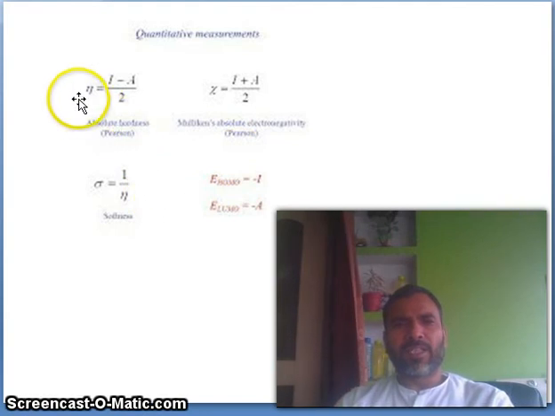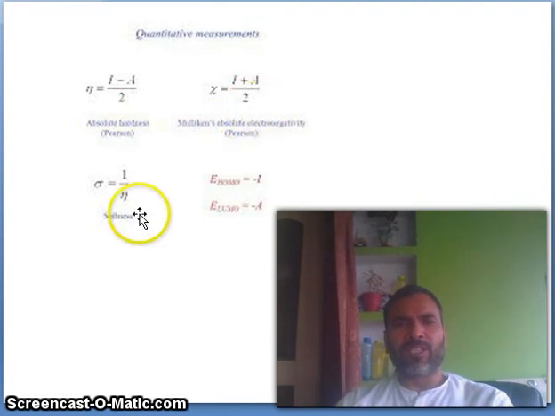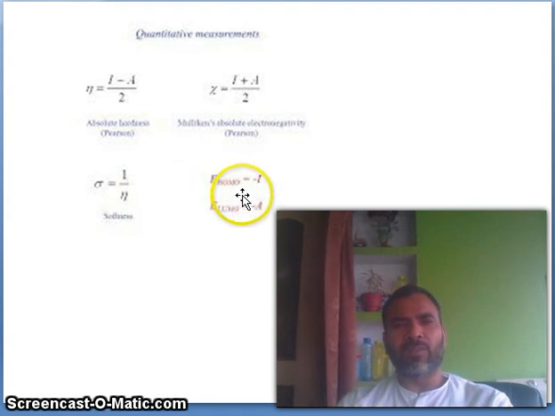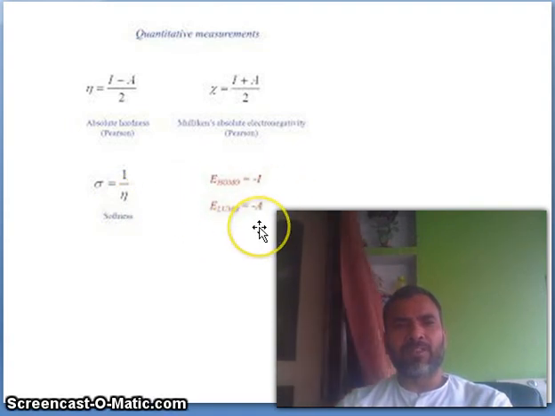Eta is equal to I minus A, ionization potential minus electron affinity, divided by 2. Electronegativity is I plus A divided by 2. Sigma is equal to 1 by eta.